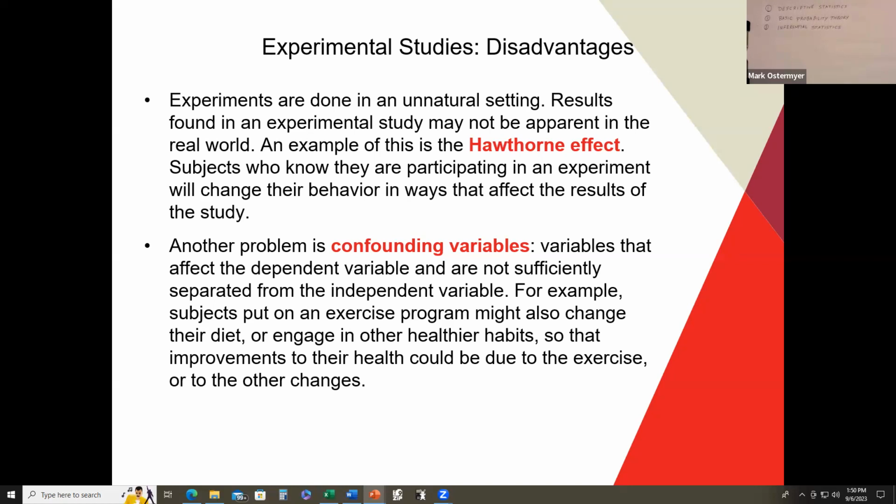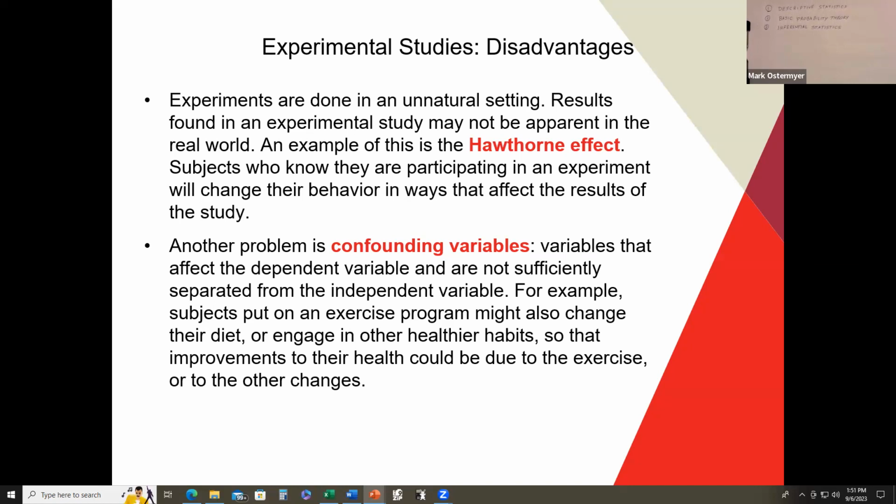That's why it's critical to perform what's called a blinded study. That is, you don't want your subjects to know whether they receive the medicated pill versus the placebo. You don't want them to know. If only you know, but your subjects don't know, that's called single blinding. If you, the researcher, don't know and your subjects don't know what pill they received, that's called double blinding, a double blinded experiment.